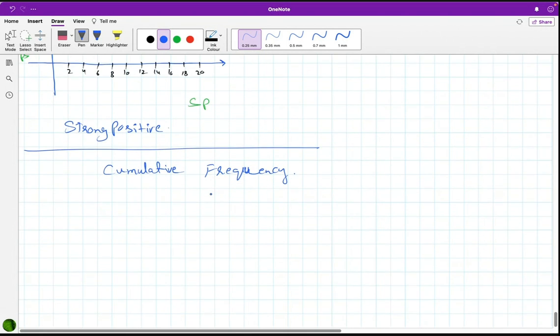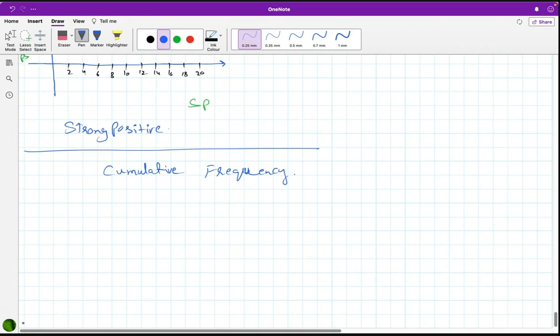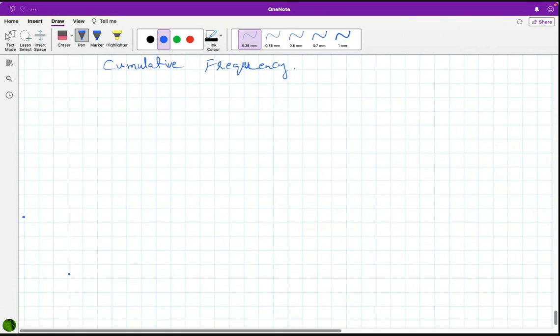The cumulative frequency, as the word explains itself, cumulates, it adds. For example, we have x and f: 0, 1, 2, 3, 4, 5, and I'm writing frequency at random: 2, 3, 1, 4, 2, 5.